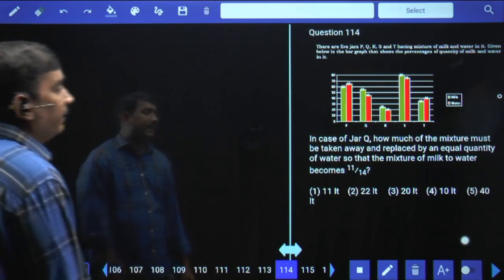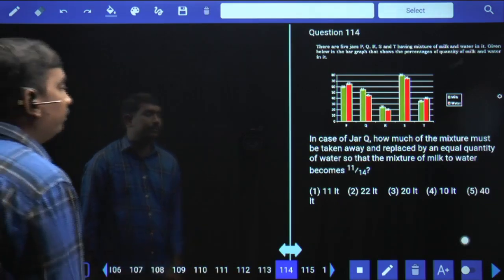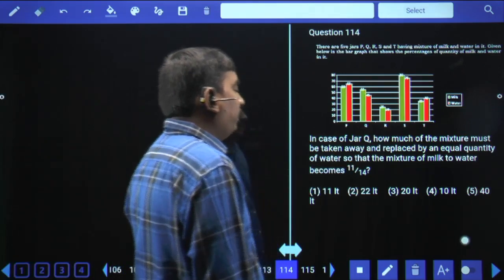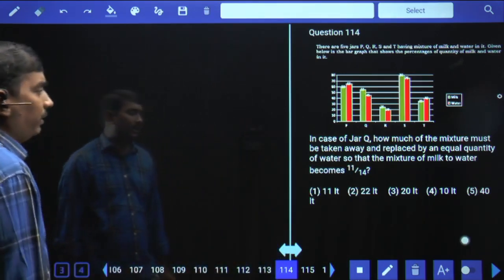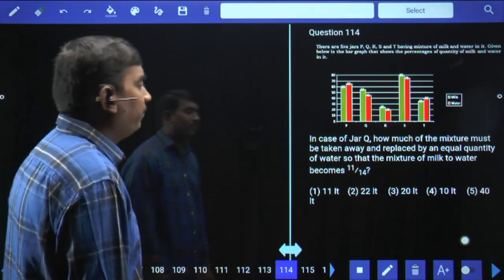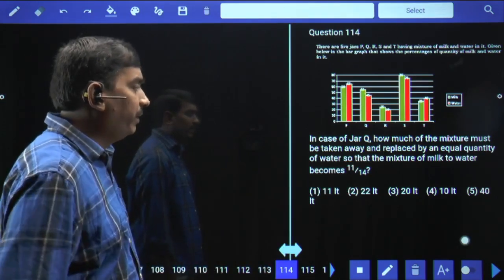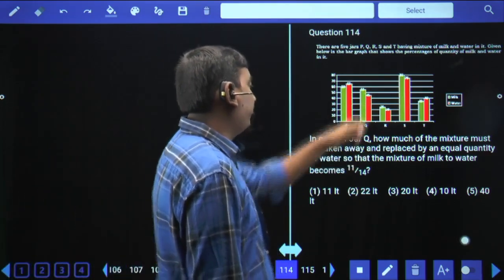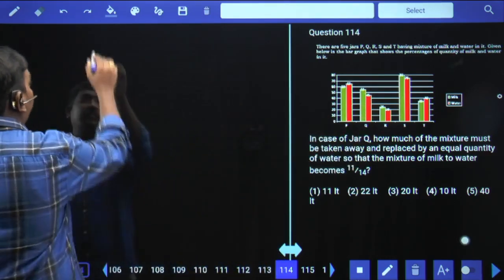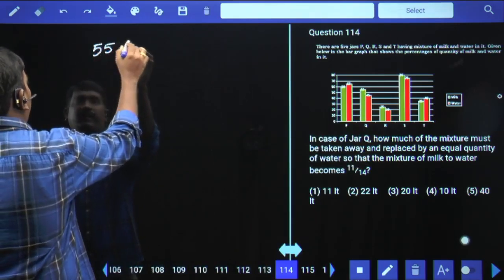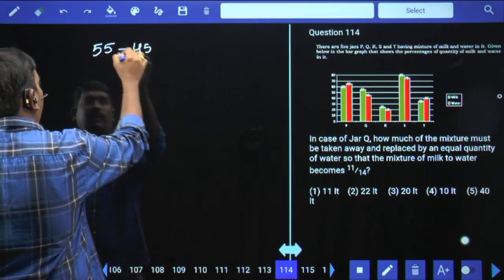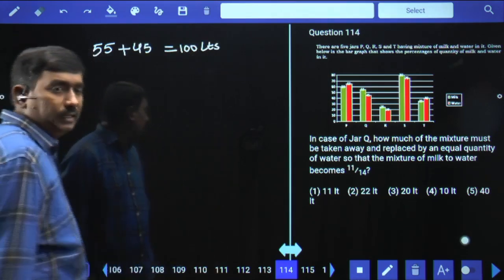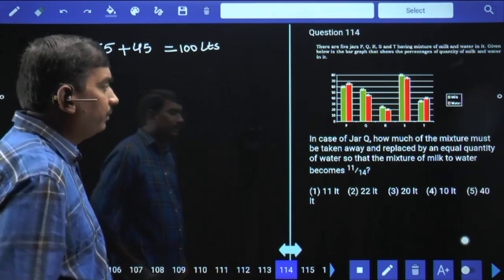Next. In case of jar Q, how much of the mixture must be taken away and replaced by an equal quantity of water so that the ratio of milk to water becomes 11 by 14? Jar Q is 55 is to 45. 55 liters, 45 liters, total 100 liters is the initial quantity.